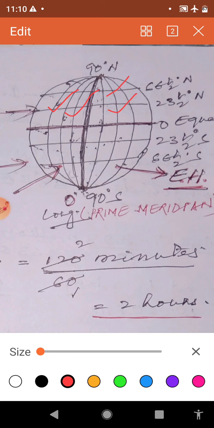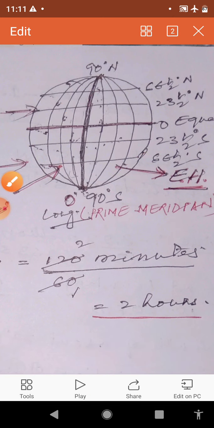So these imaginary vertical lines which are joining the North Pole and the South Pole are known as meridians of longitude, or simply you can call them longitudes. Then there are some horizontal lines also. These imaginary horizontal lines are known as latitudes, or if you want you can call them parallels of latitudes.